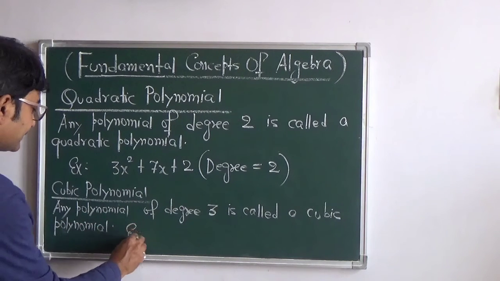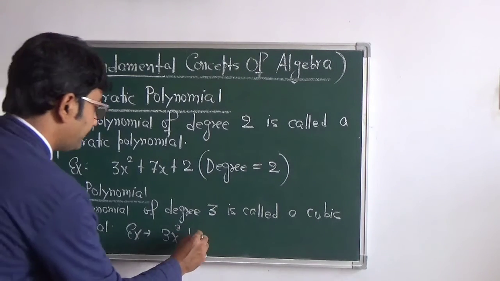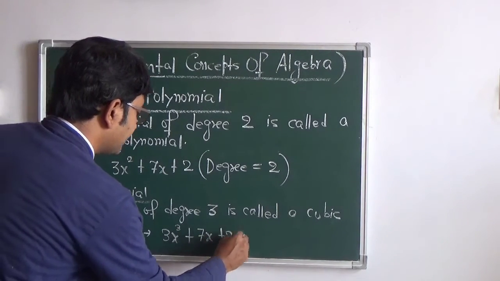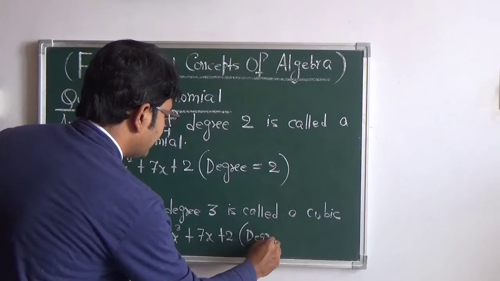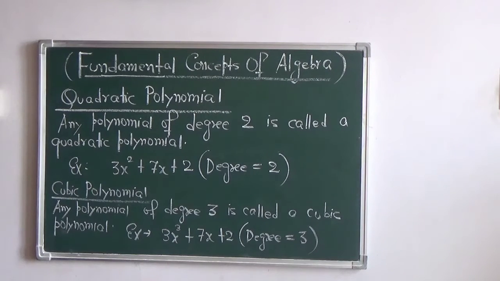So you can take an example 3x cube plus 7x plus 2. The degree of this polynomial is 3. So the degree of a cubic polynomial is 3.